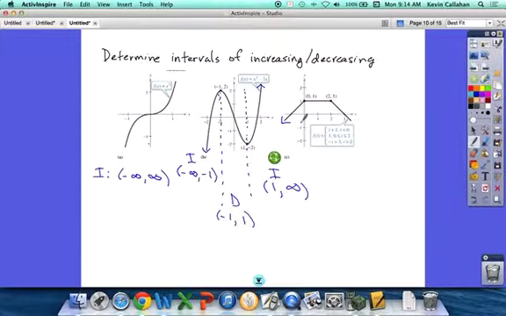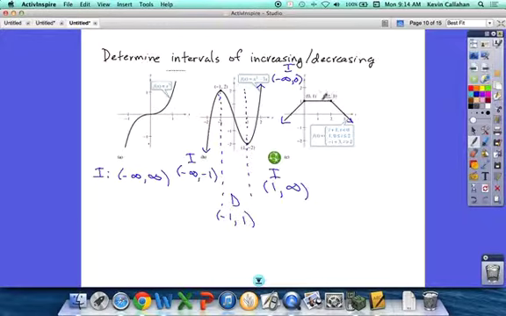Again, this is a piecewise defined function, right? What's it doing from here to here? Increasing, right? So we would say it's increasing negative infinity to 0, x equals 0. So don't look at the y, just look at the x.